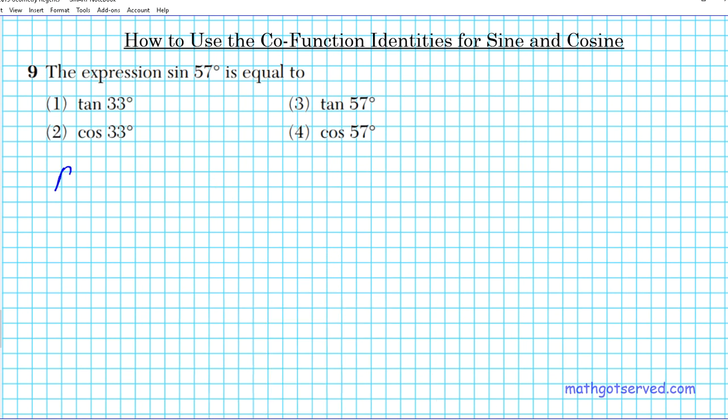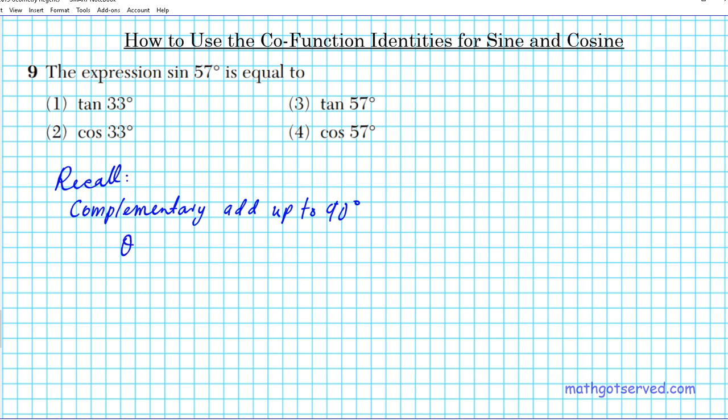Alright, so do you remember what complementary means? Two angles are complementary if they add up to 90 degrees. Okay, so complementary angles add up to 90 degrees, and then supplementary angles add up to 180.